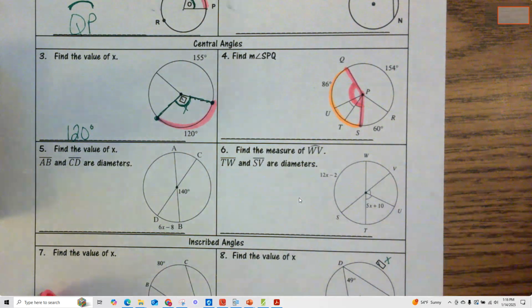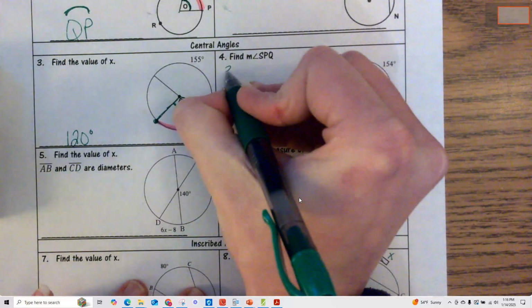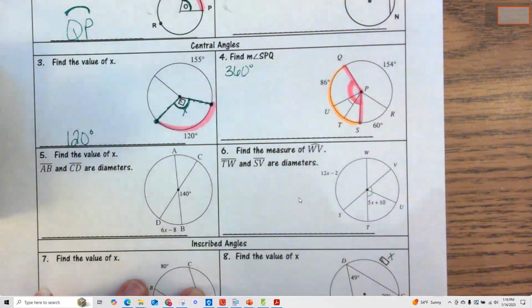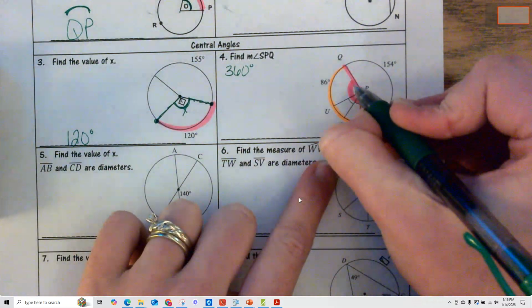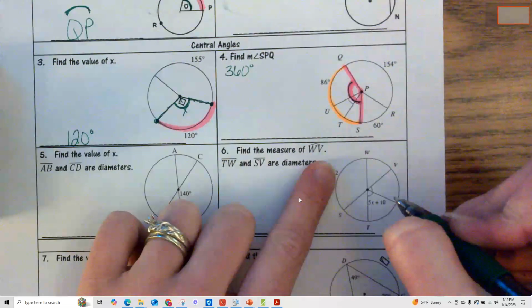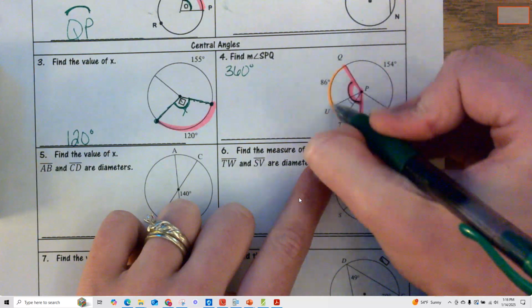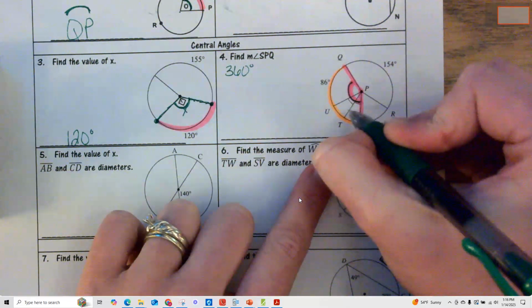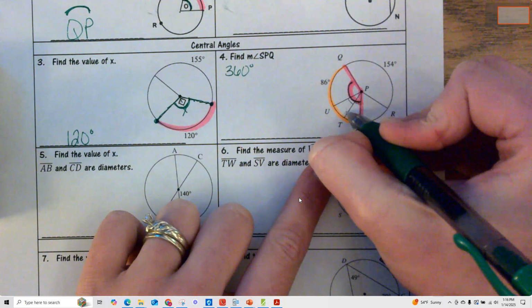Okay? All the way around the circle is how many degrees? 360 is all the way around, okay? So in order to find this entire angle measurement, you need this full arc, okay? This line is just there to mess you up.